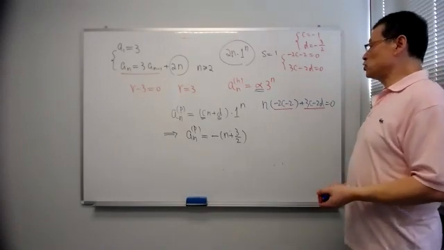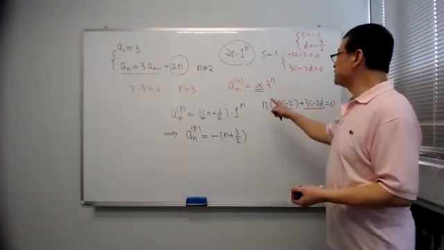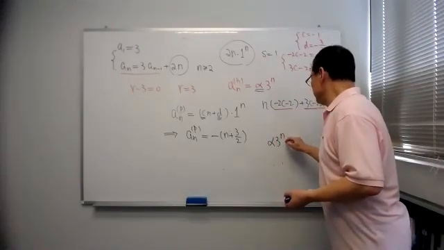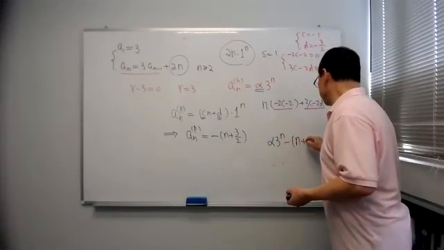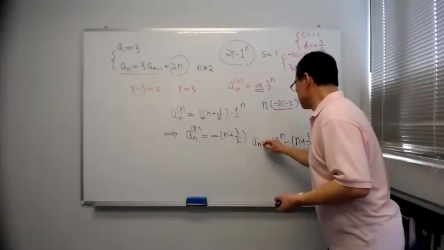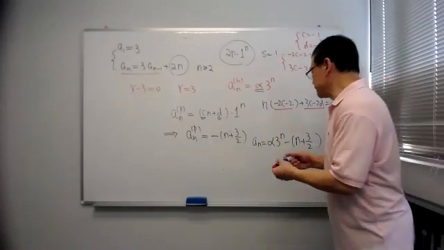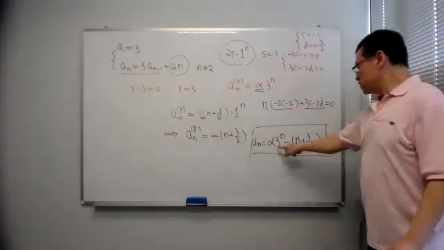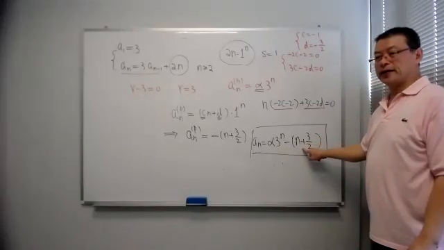Now we know the solution. Our solution will be of this form: alpha times 3 to the n, minus n minus 3/2. So that's our solution. Our solution should look like this one: homogeneous part plus non-homogeneous part.